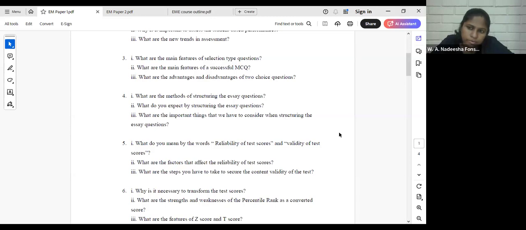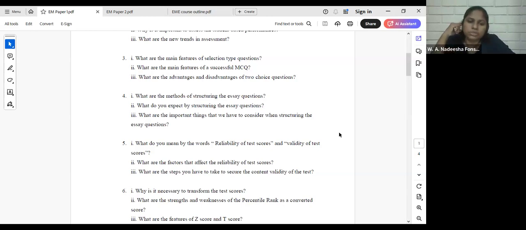Then what about the environmental factors, and the mentality of the candidates. Yes, those are the factors. And health factors of the candidates.